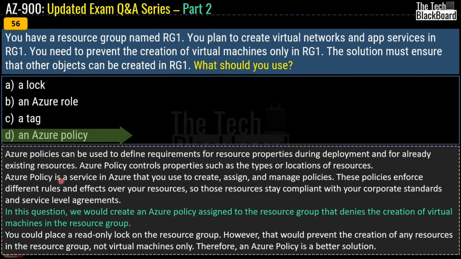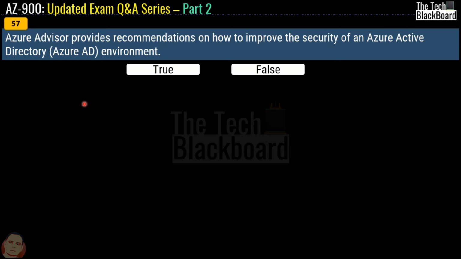Also, Azure Policy is a service in Azure that you can use to create, assign, and manage policies. These policies enforce different rules and effects over your resources so the resources stay compliant with your corporate standards and service level agreements. Azure Policy is one of the very important services in Azure, so you must learn about Azure policies.